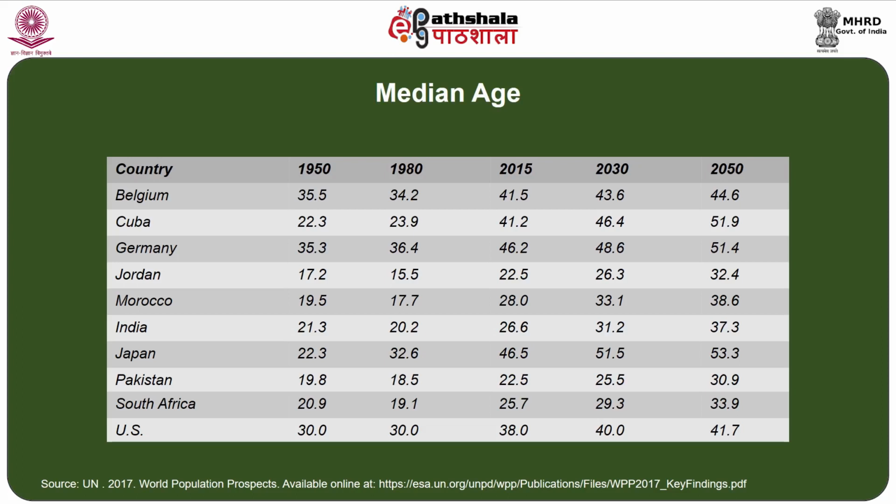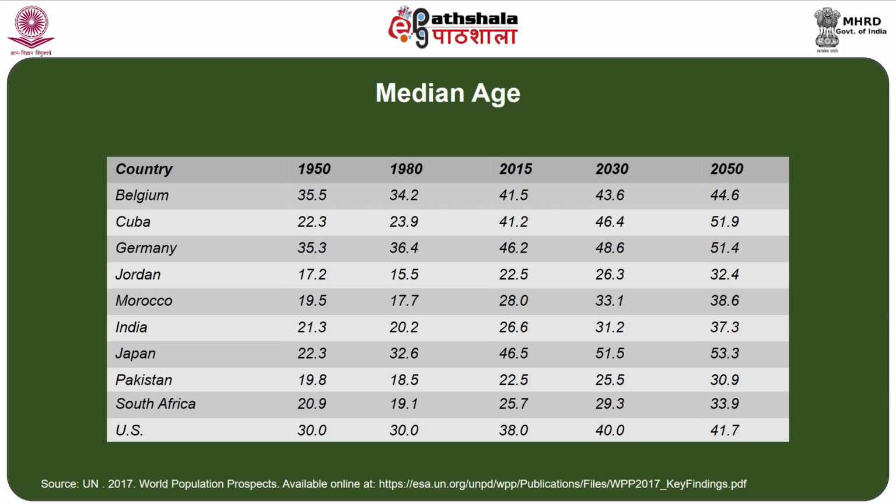Slightly higher median ages are reported for countries like Belgium and the United States, which were 35.5 years and 30.0 years respectively in 1950, increasing further to 41.5 years and 38.0 years in 2015, and the projections clearly indicate that it is going to increase further to 43.6 years for Belgium and 40.0 years for the United States.